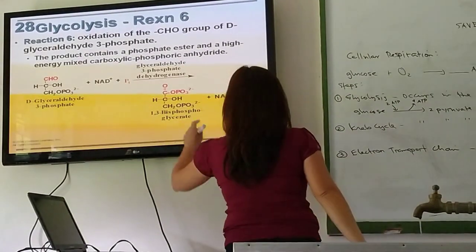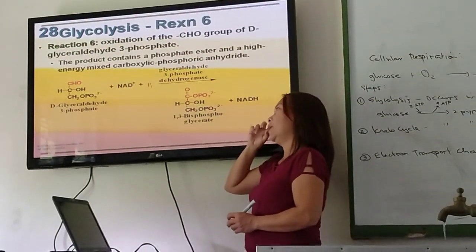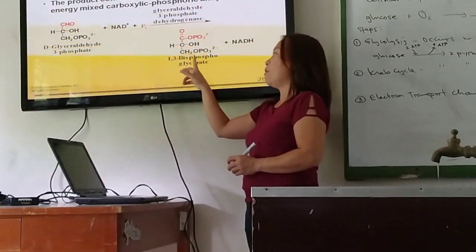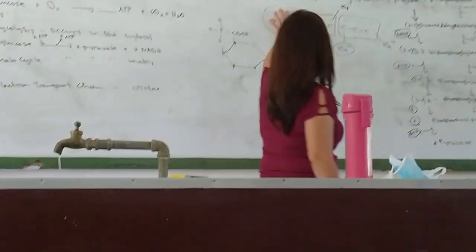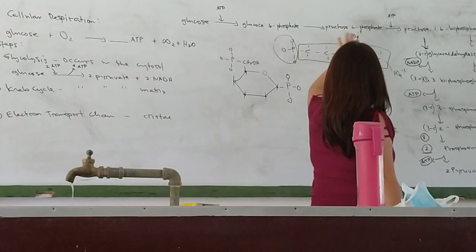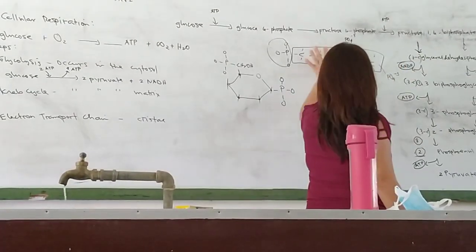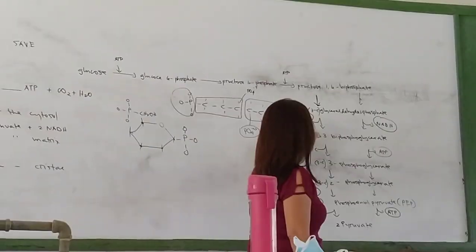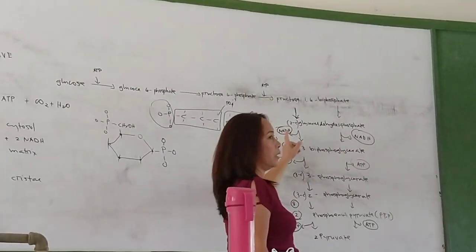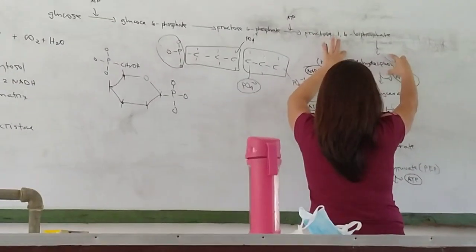So you have 1,3-bisphosphoglycerate, meaning this glyceric acid has a phosphate on the first carbon and on the third carbon. But how many NADH will be released? Two, because there are two glyceraldehyde 3-phosphate molecules.